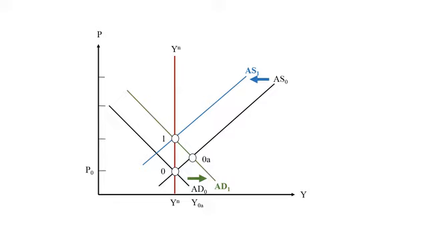Other evidence presented by the theory of rational expectations for this type of scenario will be discussed in our next lecture. In the new equilibrium point, namely point 1, the general level of prices increases from P0 to P1.